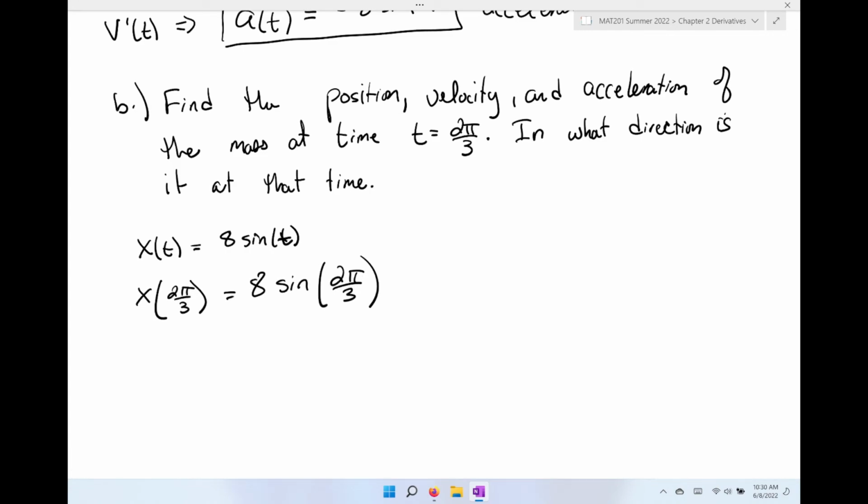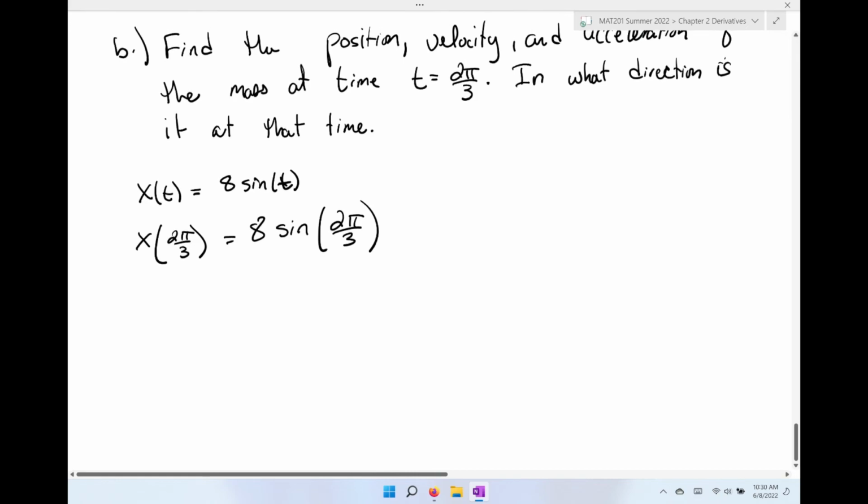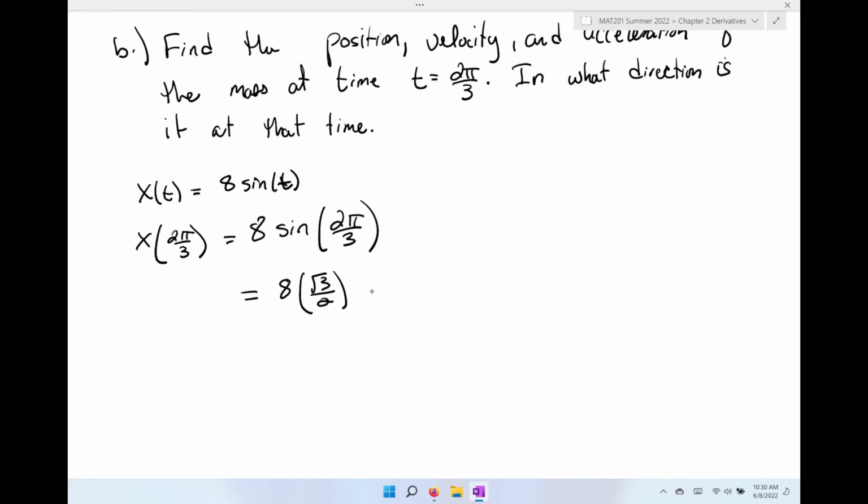Now recall that the sine of 2 pi over 3, if you use your unit circle, is going to be square root of 3 over 2. And then we can simplify this as 4 times the square root of 3. That is the answer you would type in. No decimals. Exact answers only. So here is x of 2 pi over 3.